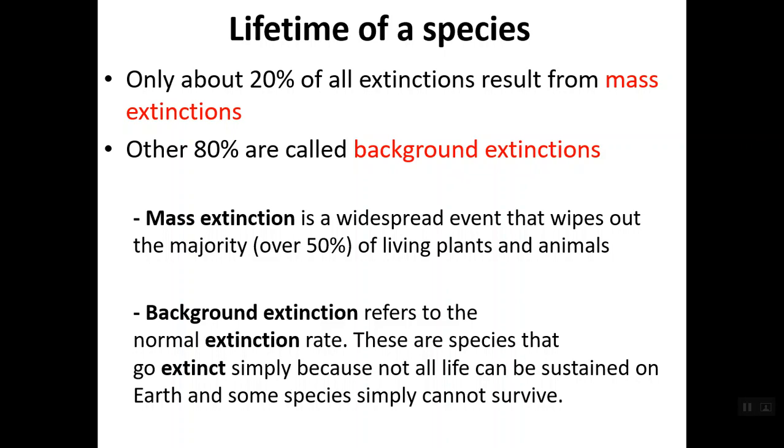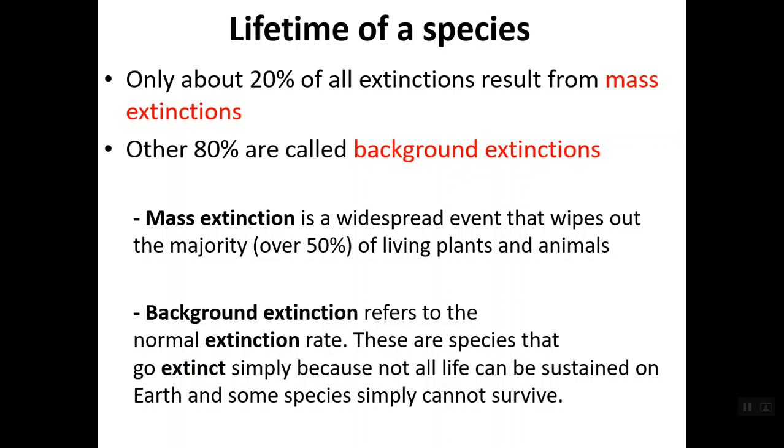What are background extinctions? There is a normal extinction rate, okay? Species simply go extinct because not all life can be sustained on Earth. And some species respond better to environmental changes, and they can better utilize the resources and will go on.